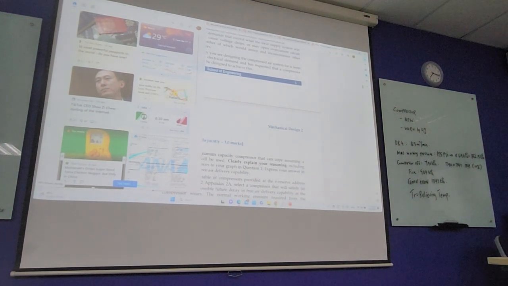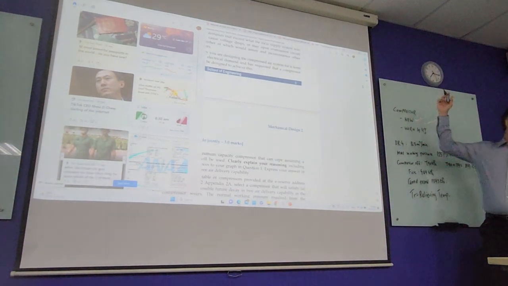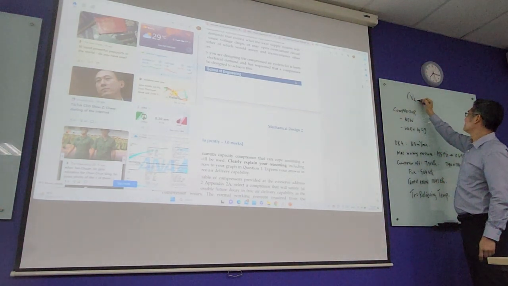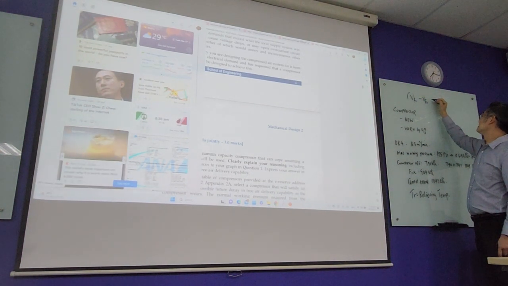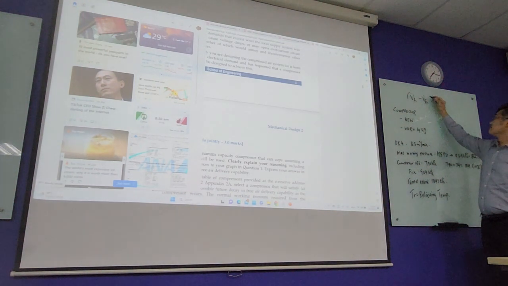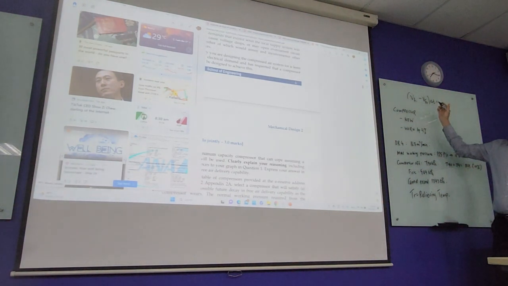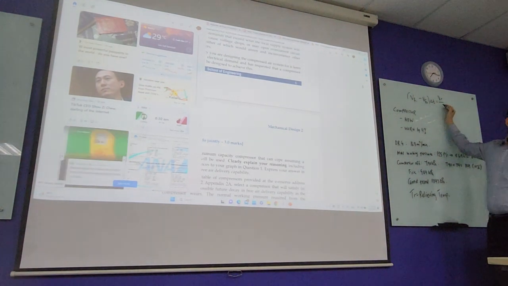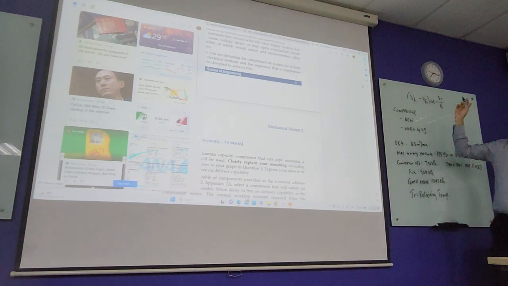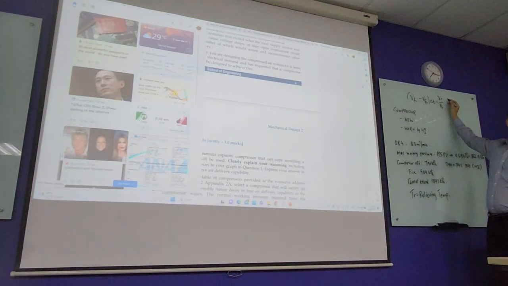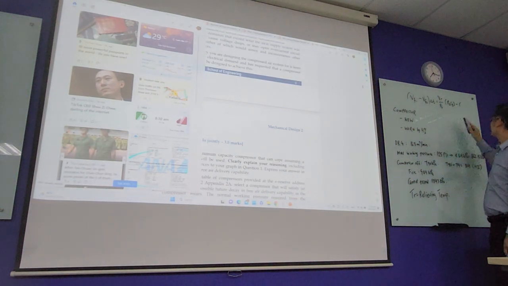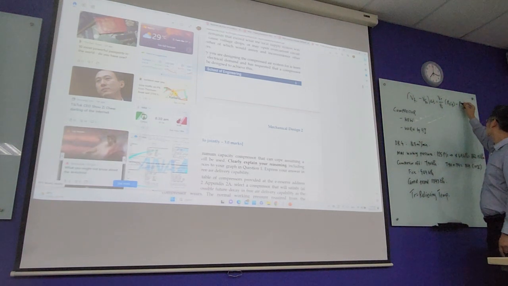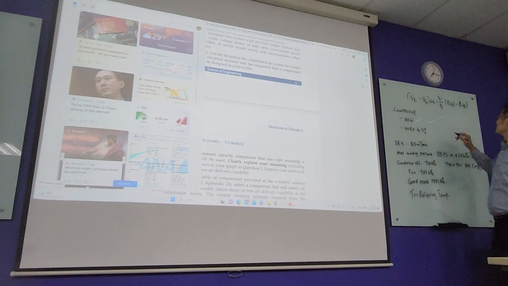So in order to find out this air receiver, we apply this formula from topic 1. Still remember the formula? Atmosphere.